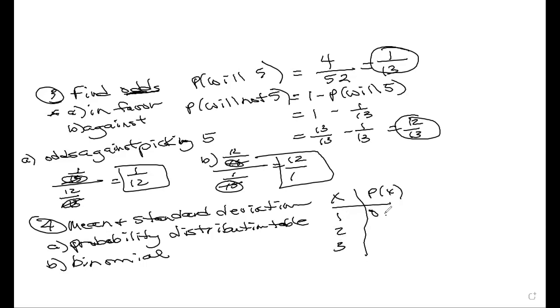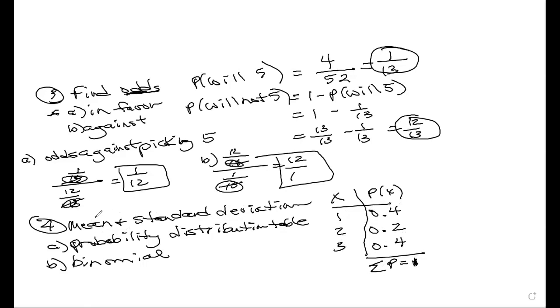Then you have some probabilities over here. Now remember, for something to really be a probability distribution table, when you add up these probabilities, you have to get exactly 1 or it's not a real table.